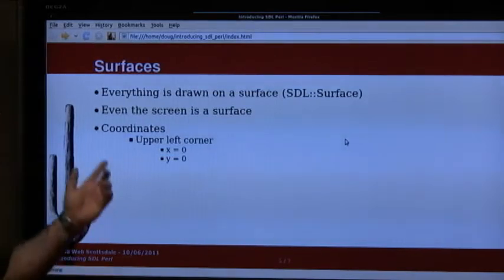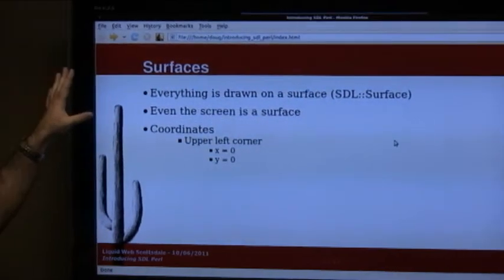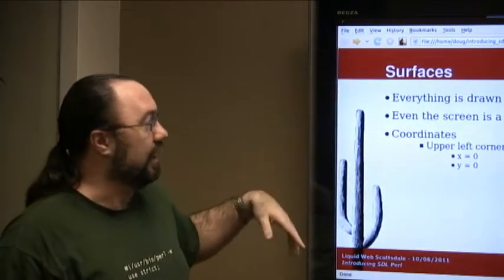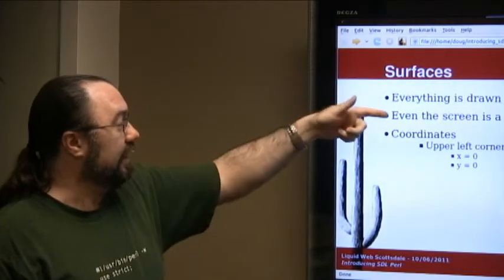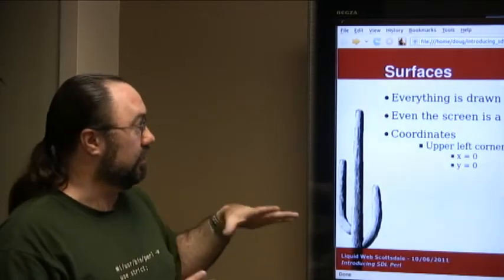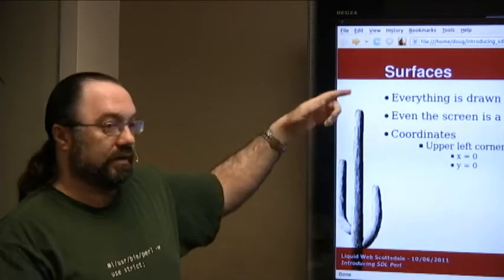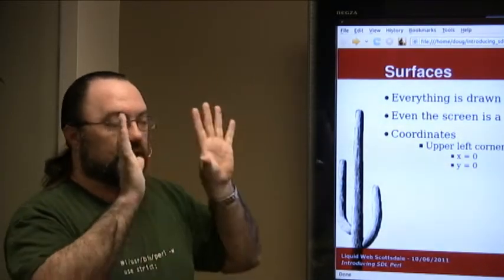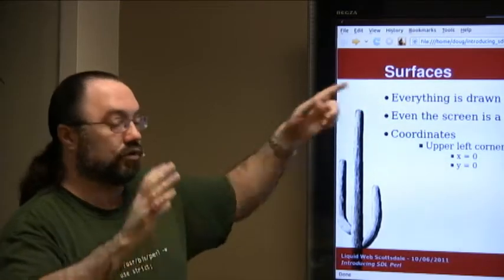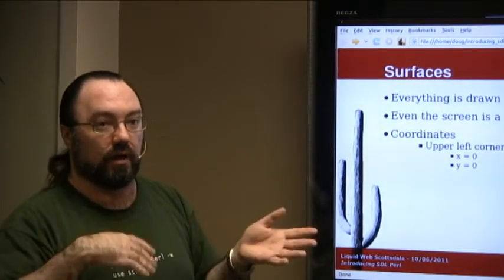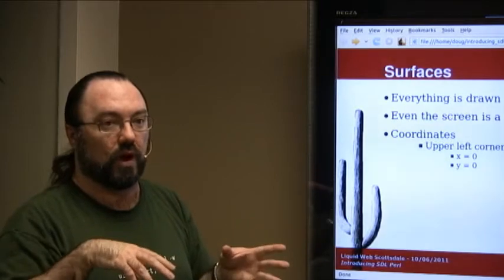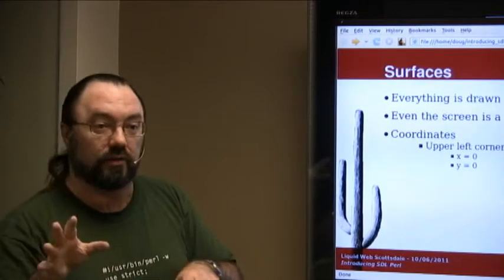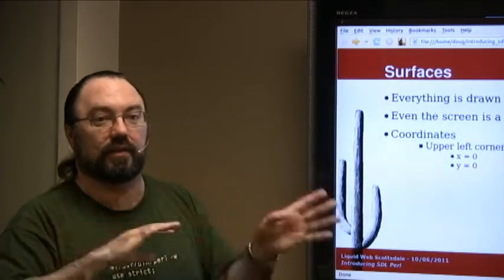Okay, since we've seen a few of the games, we'll talk now about the actual code, and I've got some examples we'll get into. Basically everything is drawn on a surface of some sort. The main level screen is just called a screen, but it's actually a subclass of surface as well. So you can draw directly on the screen, or you can draw on other surfaces and then copy, that sort of thing.